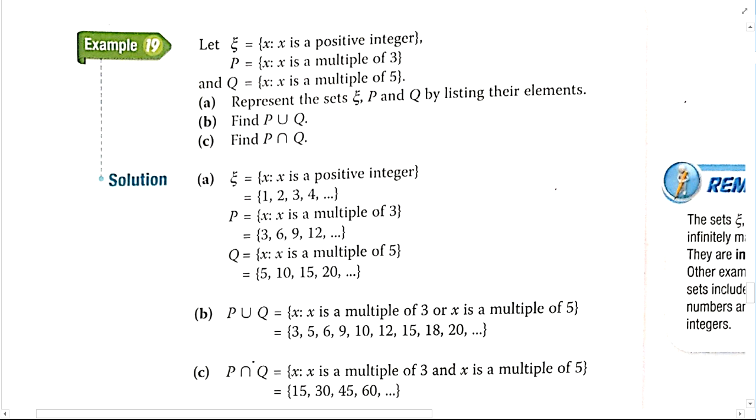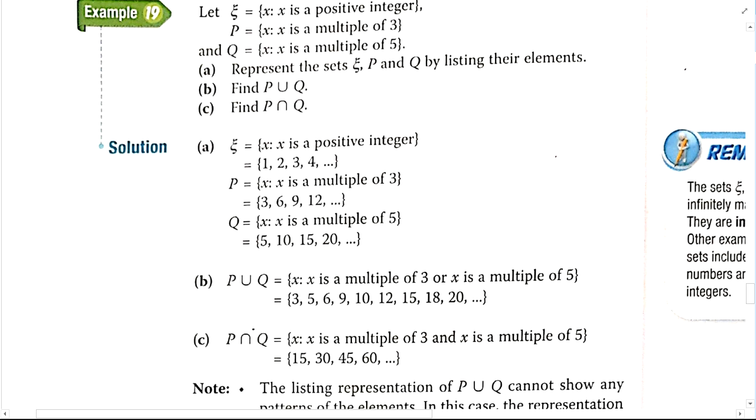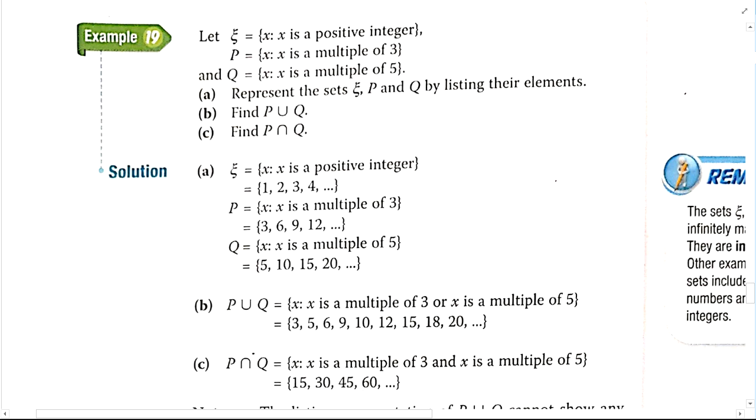Okay, so example 19 over here, we are working in numbers again. Sometimes students get intimidated when they see numbers, but it's the same concept. In the universal set, x is a positive integer. To help you visualize, this will be 1, 2, 3, so on and so forth.